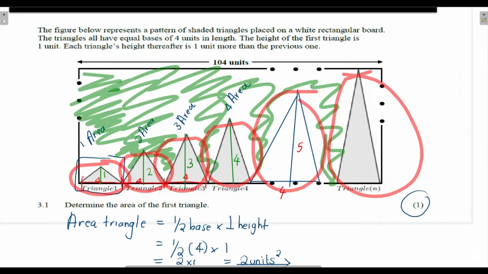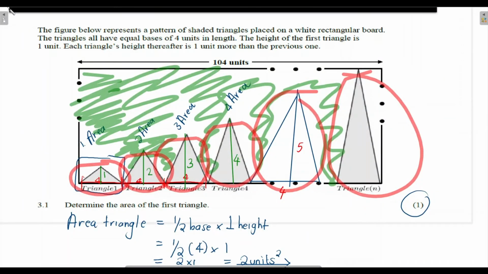So how do we do that? Do we have to now go and calculate all these areas? We don't have to do that, okay? The only thing that we need to do is get the sum of the areas of these 26 triangles, right? So the last triangle on this board is the 26th triangle, right?